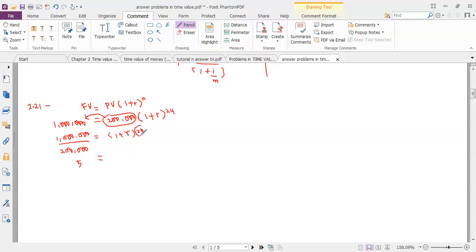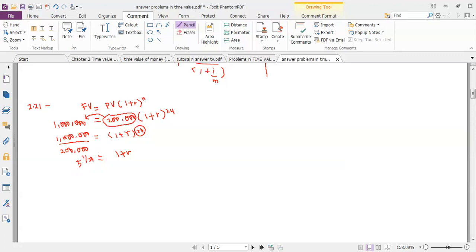So the power of 24 here, we need to transfer to the left also. 1 plus r is on the right, just let it be. And then the power of 24, the small n here, we must transfer to the left. So the 5 has the power of 1 over 24.